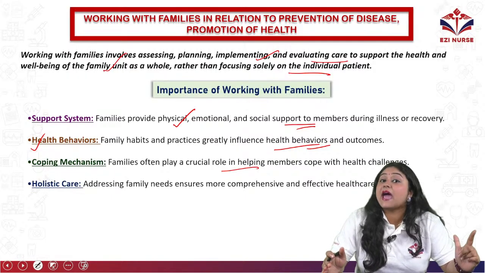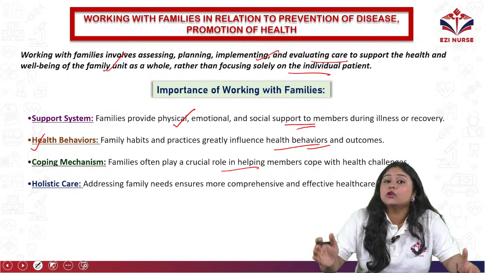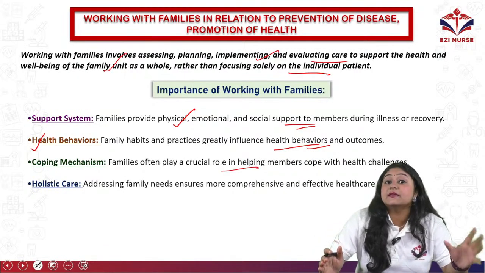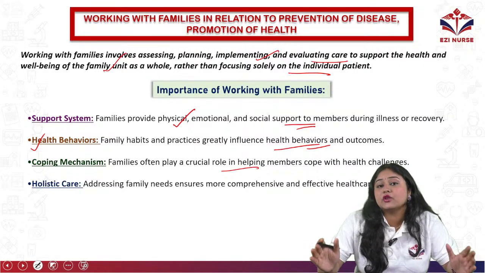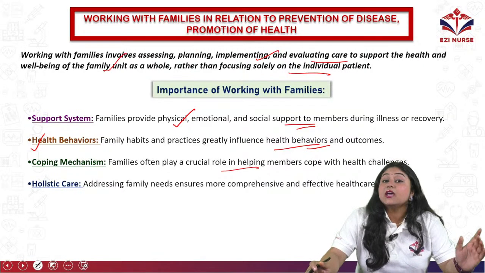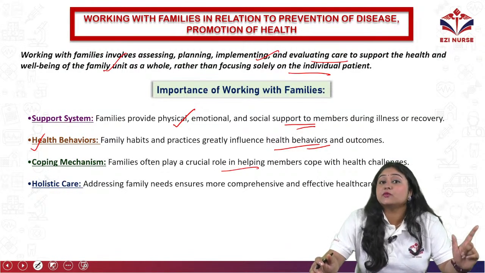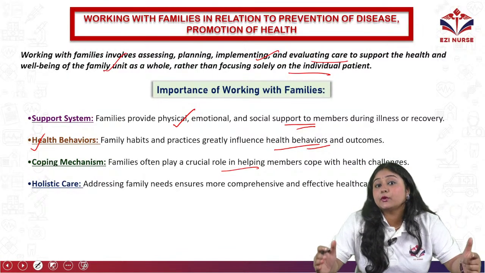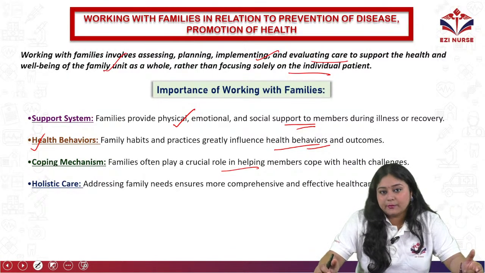Then the family members give proper guidance as well as emotional support to accept that situation and cope with it. That's why family is one of the most important components while we provide proper care to any patient.